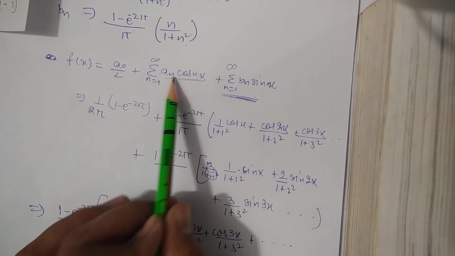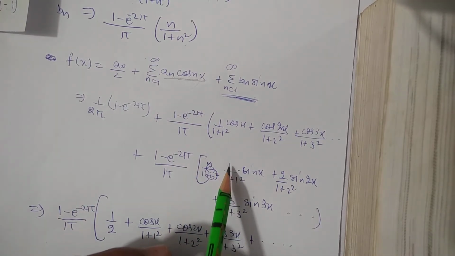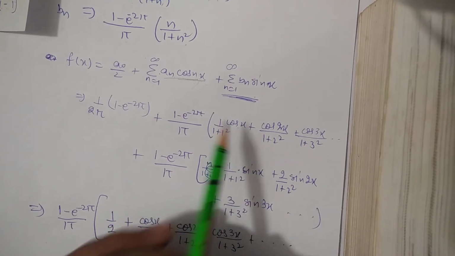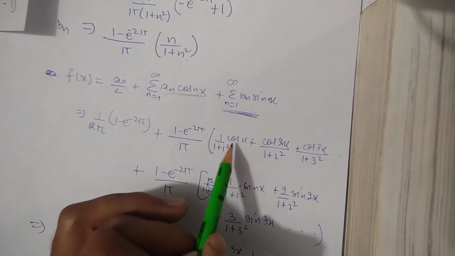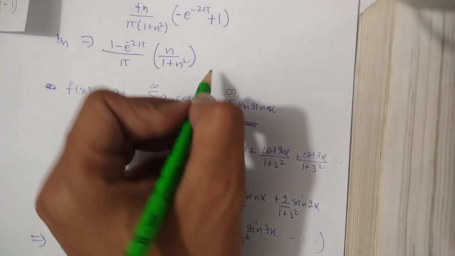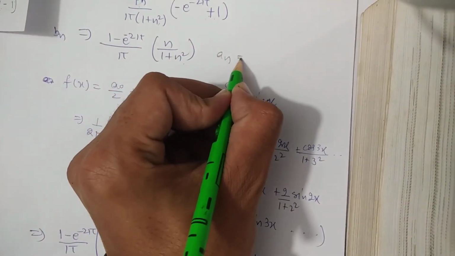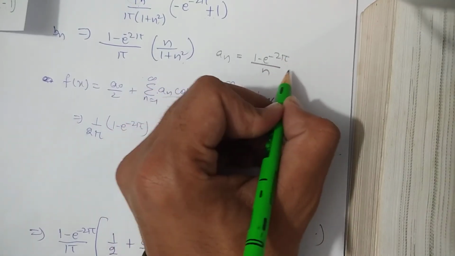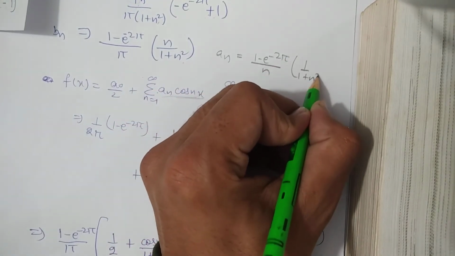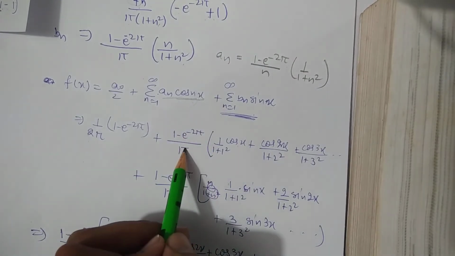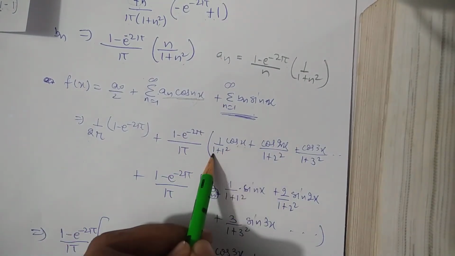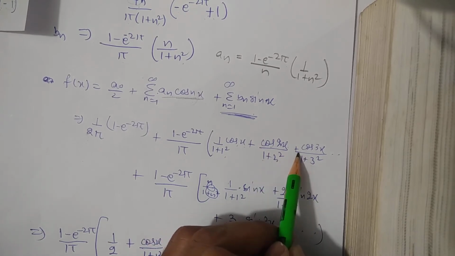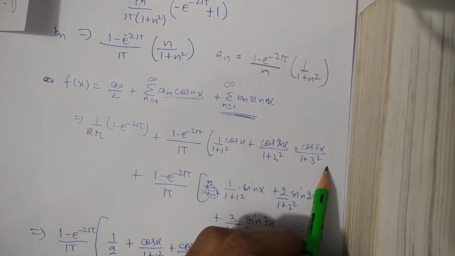If I put n equals 1, then this value will become 1 by 1 plus 1 square, dot cos x. So the value of an is 1 minus e power minus 2 pi by pi into 1 by 1 plus n square. By putting these values we will get cos x divided by 1 plus 1 square, plus cos 2x divided by 1 plus 2 square, plus cos 3x divided by 1 plus 3 square.